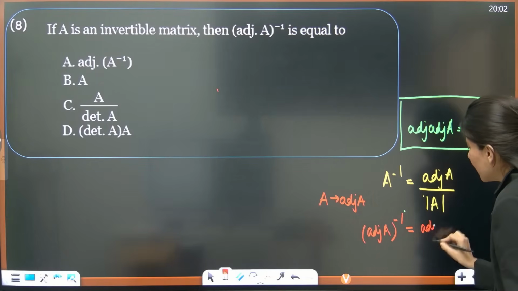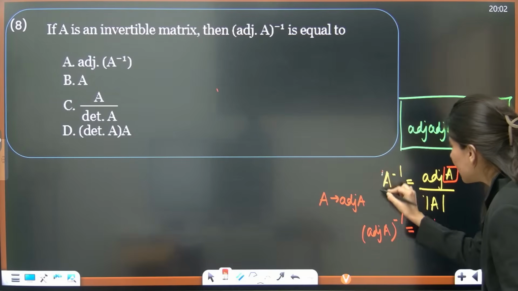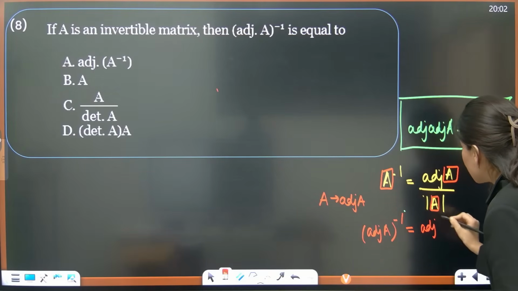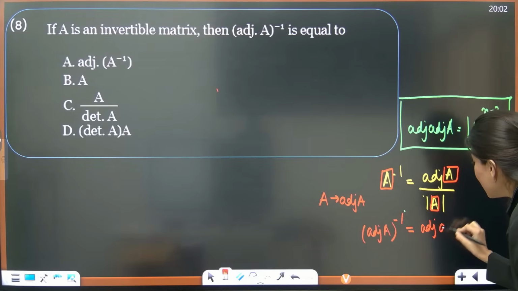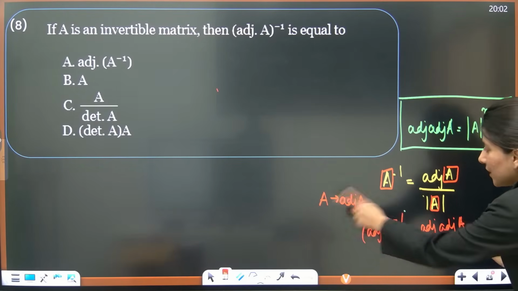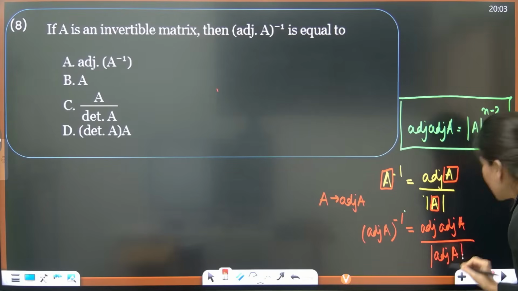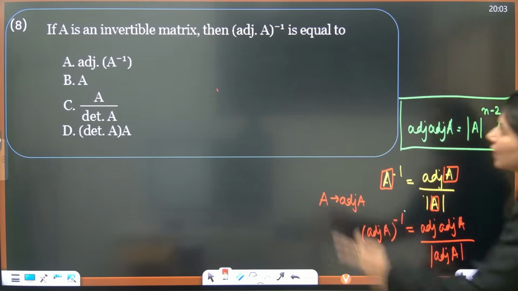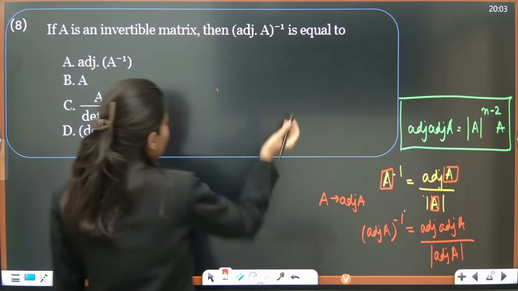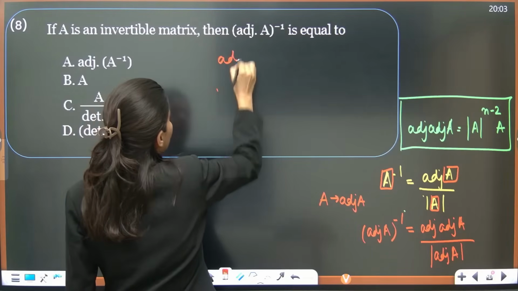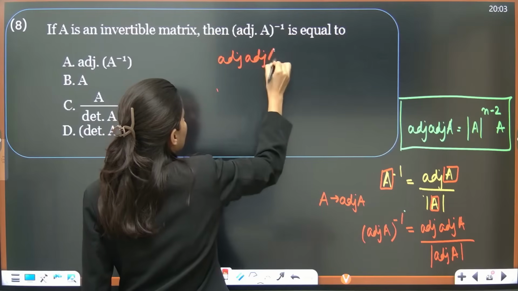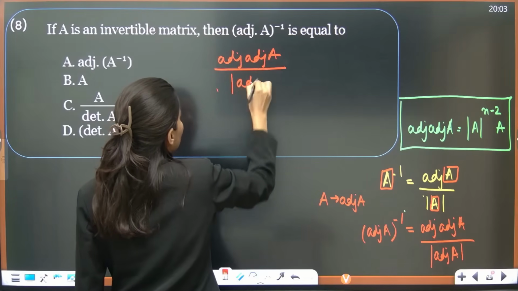Adjoint of A. So this A is also replaced by adjoint of A, upon determinant of adjoint of A. Okay, getting it? So adjoint A inverse, if you see, is nothing but adjoint A upon determinant adjoint A.